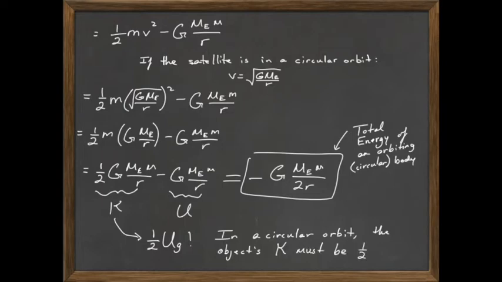The kinetic energy must be equal to half of the gravitational potential in order to maintain a circular orbit. If we had a kinetic energy that was not equal to this, then the orbit is actually going to be elliptical.